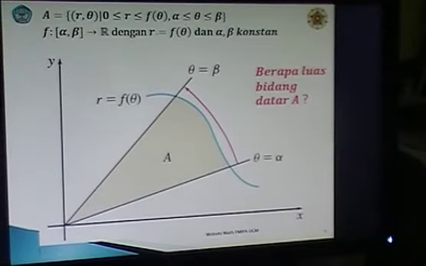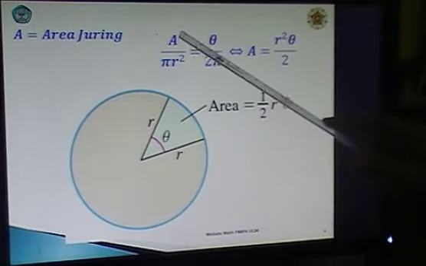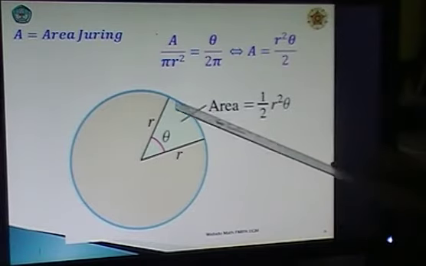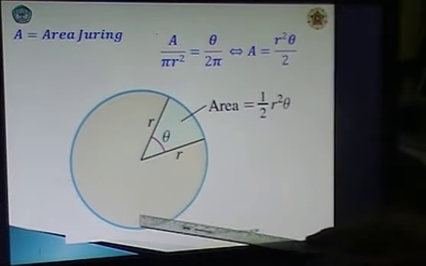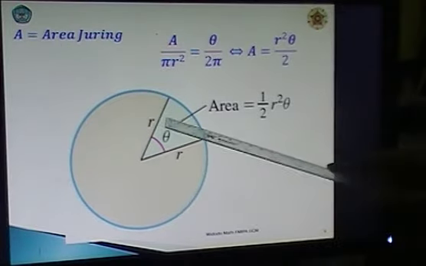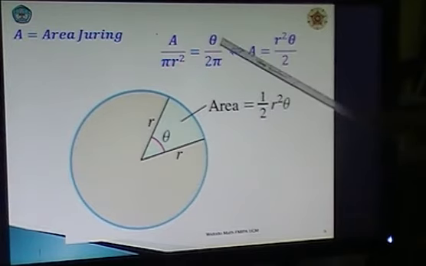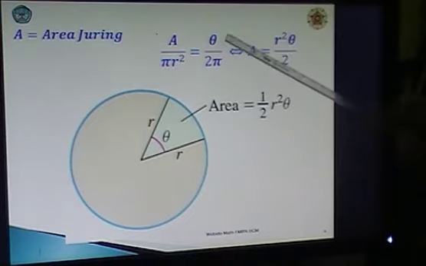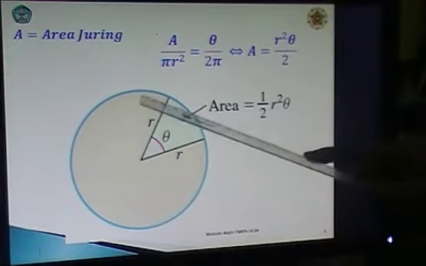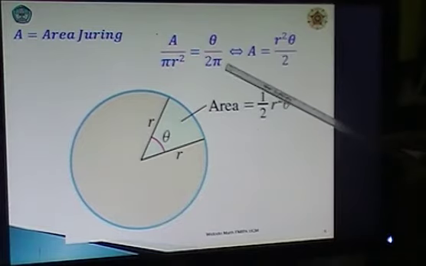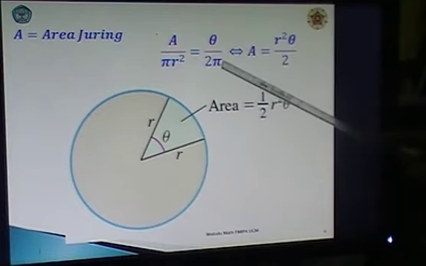From high school we have proportionality, that the area of A divided by the area of the circle with radius r, that is pi r square, is the same as the ratio between the angle theta divided by the whole angle. The whole angle is 2 pi. So A divided by pi r square is equal to theta divided by 2 pi.